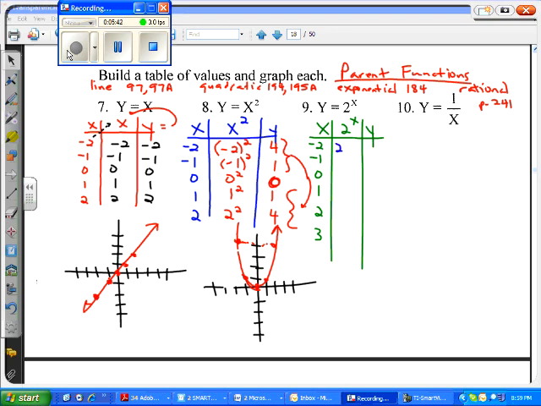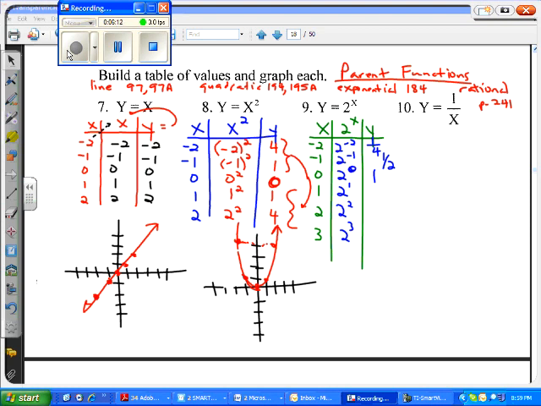And so we have like 2 to the negative 2, 2 to the negative 1, 2 to the 0, 2 to the first, 2 to the second, 2 to the third. 2 to the negative 2 means the reciprocal of 2 squared. 2 squared is 4, its reciprocal is a fourth. 2 to the negative 1 means the reciprocal of 2 to the first. 2 to the first is 2, its reciprocal is a half. Any number to the 0 power is 1.